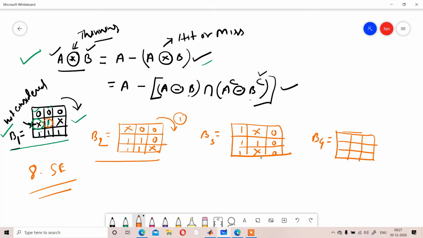So for the thinning operation, if we consider a structuring element of 3 cross 3 size, then you have to consider 8 structuring elements in that way. Structuring element must be 3 cross 3, 5 cross 5, 7 cross 7 like that.